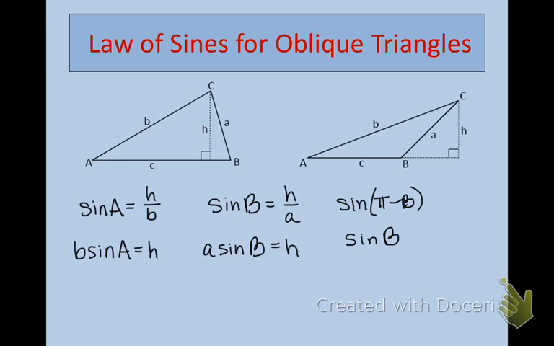So in the obtuse triangle, I'm focusing my efforts right now on this angle right here, which was the pi minus B. What is the sine of this angle? Opposite is H over the hypotenuse, right?